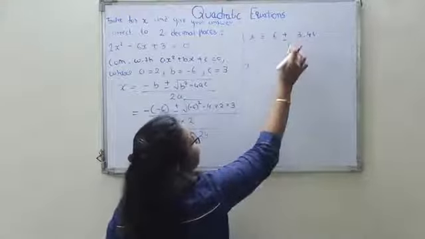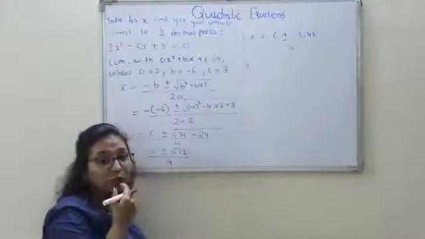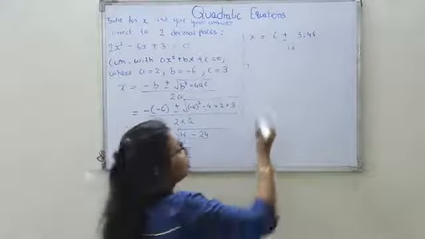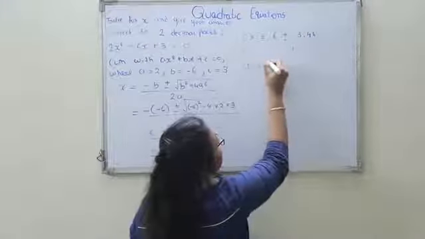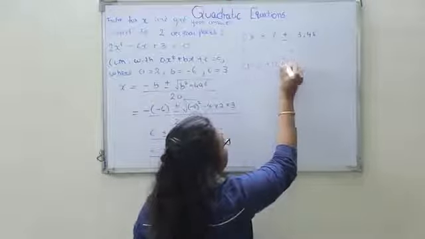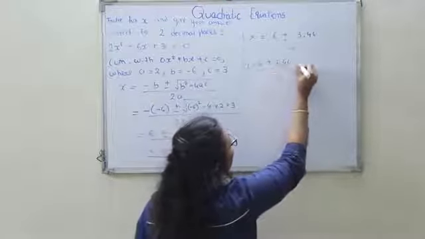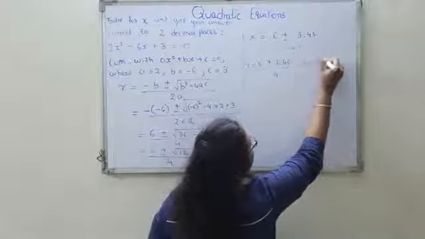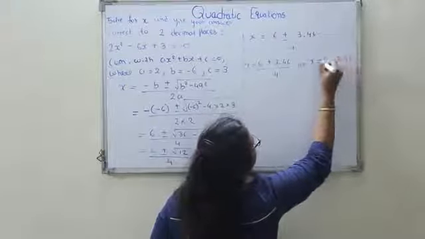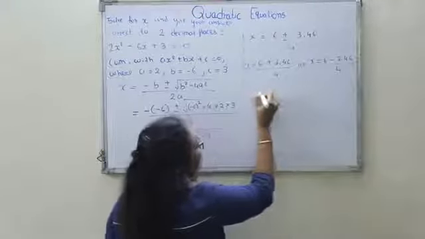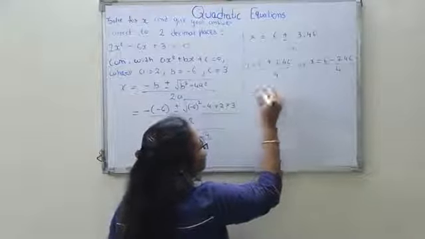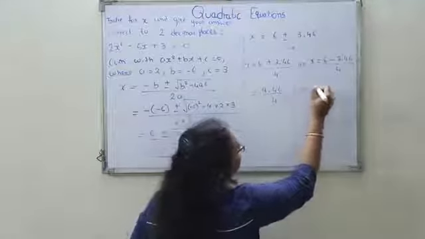As I told you, you can solve with the 2 signs at a time, we have to separate it. So x is equal to 6 plus 3.46, the whole upon 4, or x is equal to 6 minus 3.46 upon 4. When you add this, you will get 9.46 upon 4, and when you subtract, you will get 2.54, the whole upon 4.